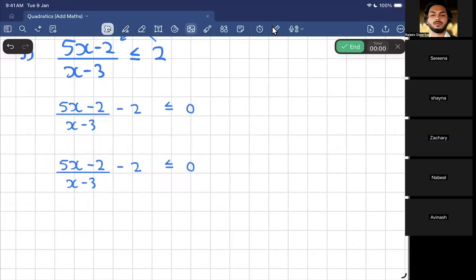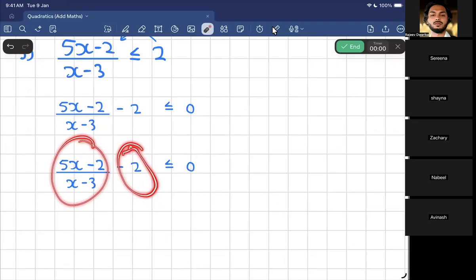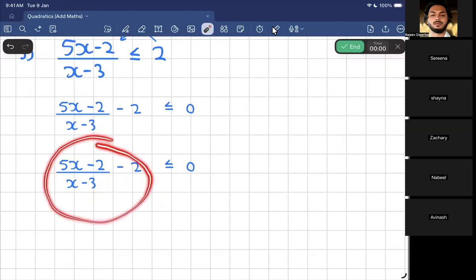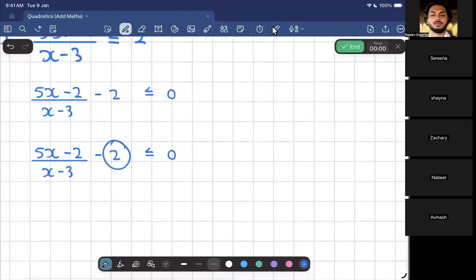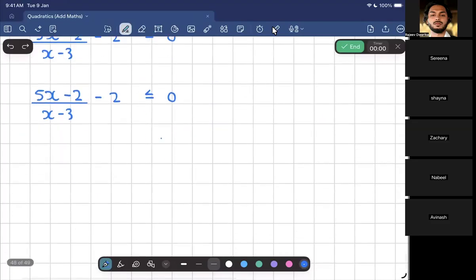If I wanted to combine these two, then I would need to have the same denominator. What denominator are you seeing in this question? X minus 3. Yeah. So I would need to write this as something over x minus 3. Avinash, imagine you had 1. How would you write 1 as some number over x minus 3? What do I have to put on top?